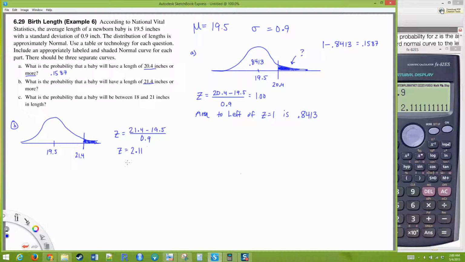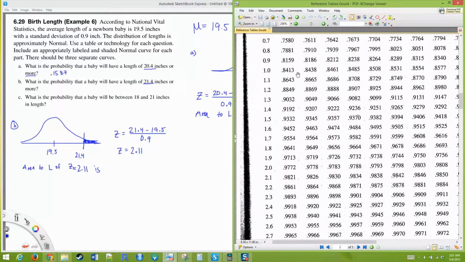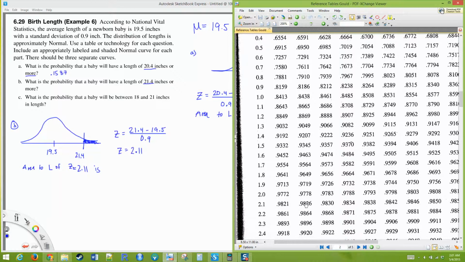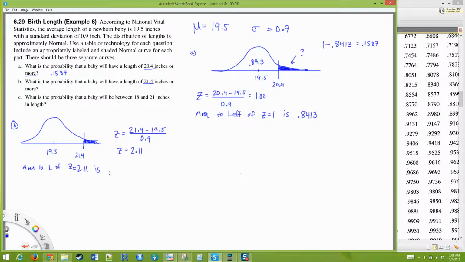Okay, we have to round our z-scores to the hundredths place. I'm going to go to the table and look up the area to the left of z equal to 2.11. The second column is 0.01, so 2.11 is 0.9826.